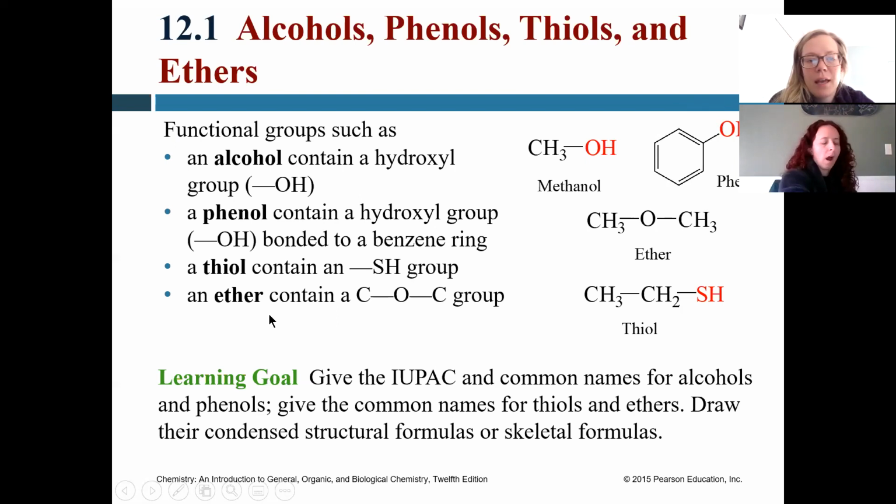We have an ether, and we will go over each of these, and how to name them and everything. An ether is when you have a carbon chain that's interrupted in the middle of the chain by an oxygen, and then it will continue on with a secondary carbon chain.